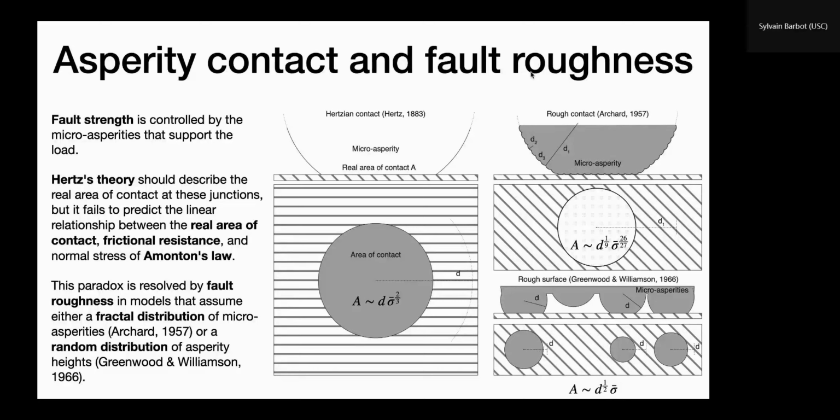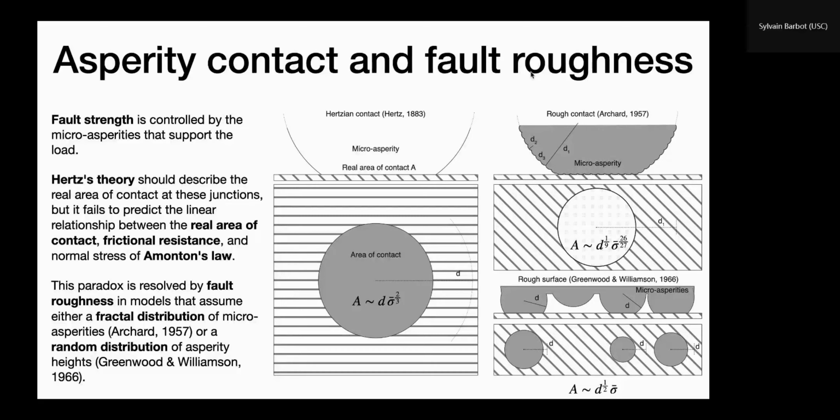Another model assumes a long wavelength topography of the contact. All the beads are identical, with radius d, but they start from different heights, which follow the overall large wavelength roughness of the surface. The height is basically random, so they touch the other side starting from different heights, randomly distributed.